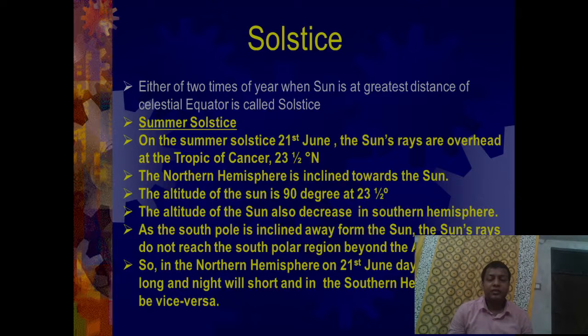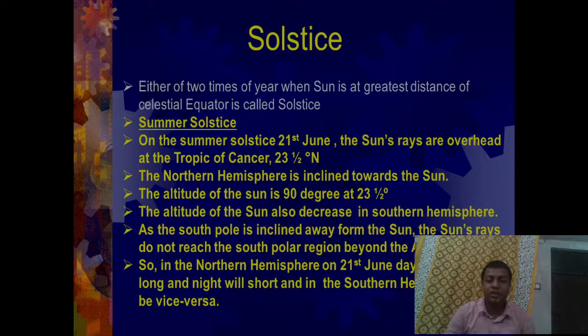You know the position of the earth from the last video lecture, and you got some idea of what the position of the sun is. Two times a year, when the sun is at its greatest distance from the celestial equator, it is called a solstice.